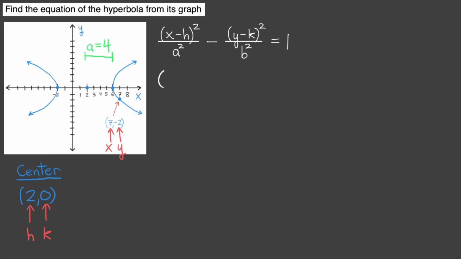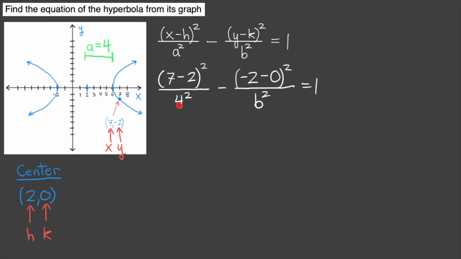So our x was 7, h was 2. So 7 minus 2 squared over a squared. We know our a value is 4. Minus, and then our y value was -2 minus k, which was 0, over b squared, remember that's what we're trying to find right now, equals 1.